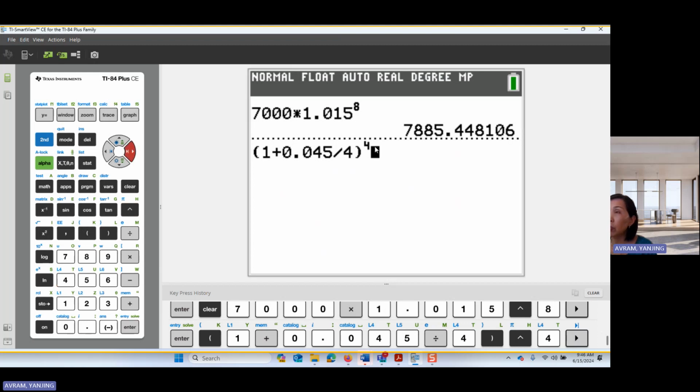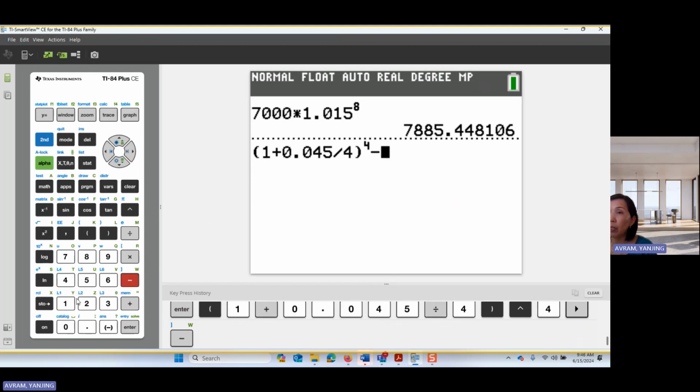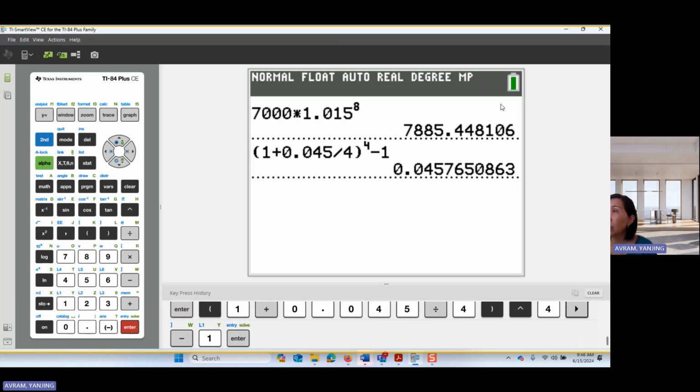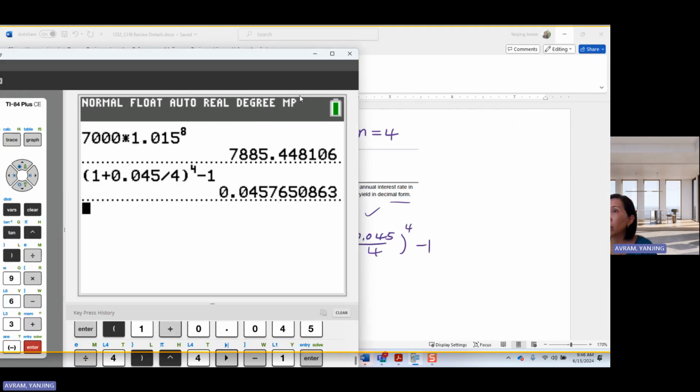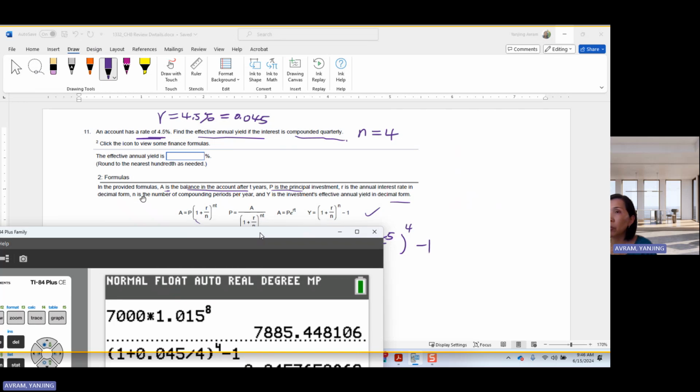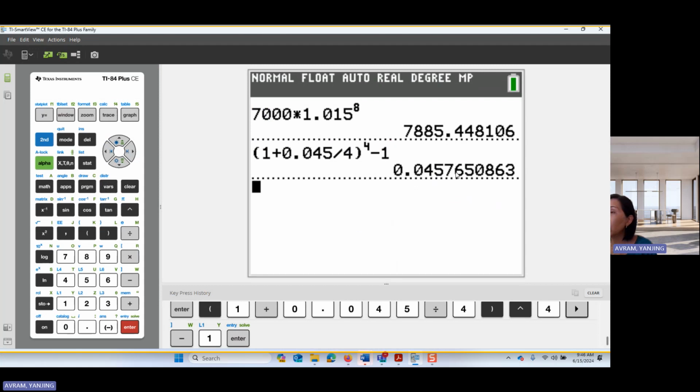Make sure you move the cursor down and then minus 1. Let's see how many decimal places we need: round to the nearest hundredth as needed. So that means we need 2 decimal places after you convert it into a percentage. So before the percentage, we need 4 decimal places. So 4 decimal places here will be 0.04576. The 6 needs to round up to 8.